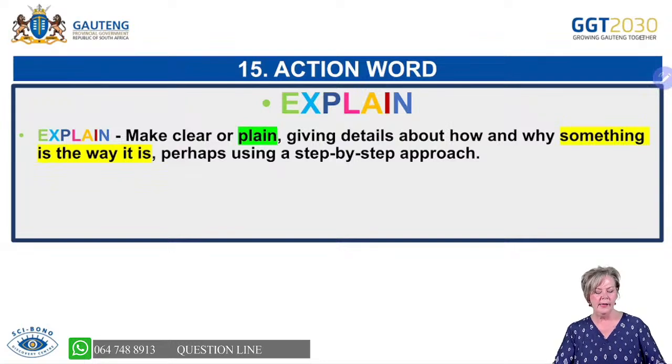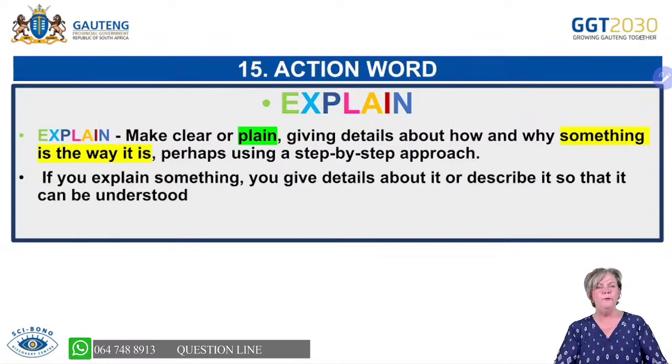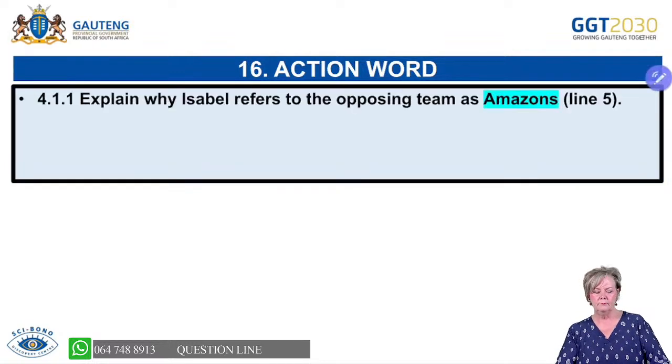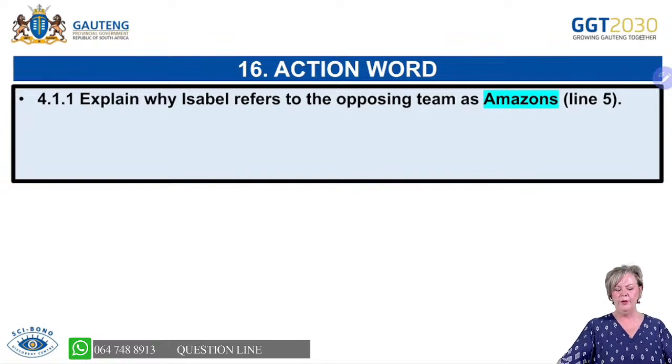So make meaning clear, give details on how and why something is the way it is. If you explain something, you give details about it or describe it so that it can be understood. In other words, to show understanding. Do you understand what you've said?